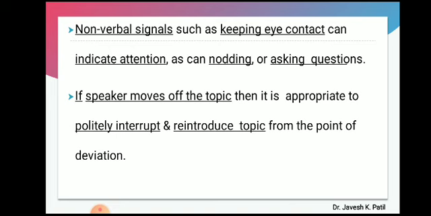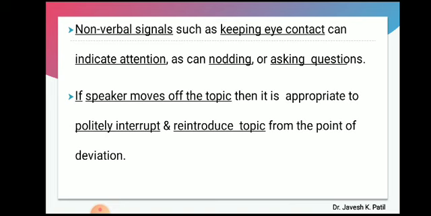Even in the classes, when we are teaching students, we generally ask questions to the students, and if you are listening and understanding, only then can you answer. Otherwise you can say this is a barrier.